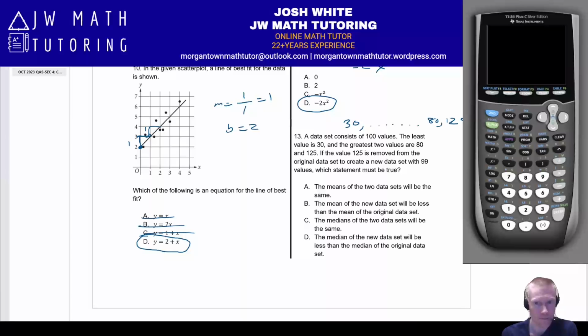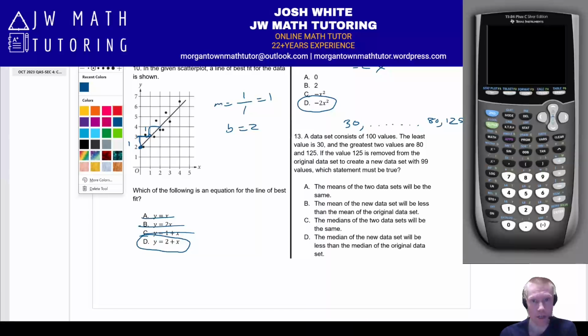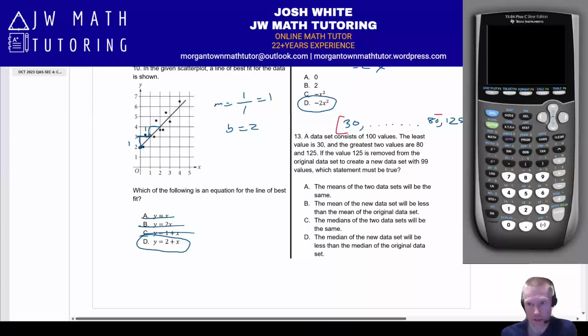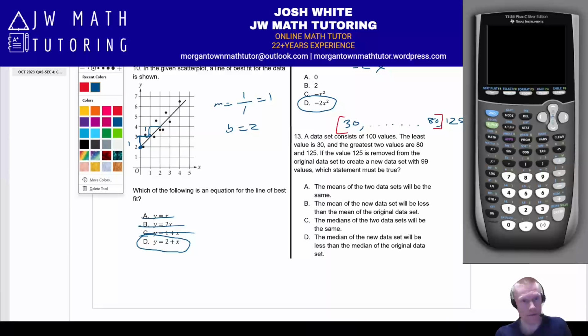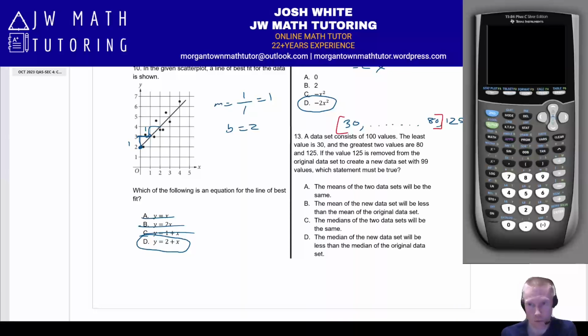So now it says if you take out 125 and instead the values for your new data set are going to have everything from like 30 to 80. So it's just going to stop at 80, not going to have the 125 in it. Which of these statements must be true?